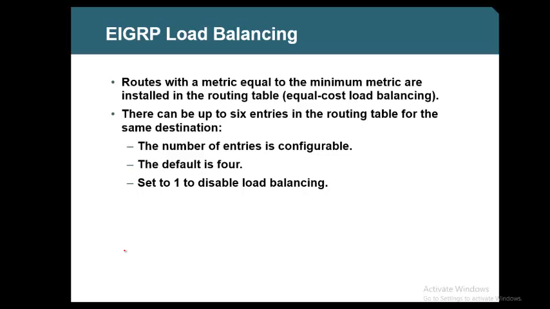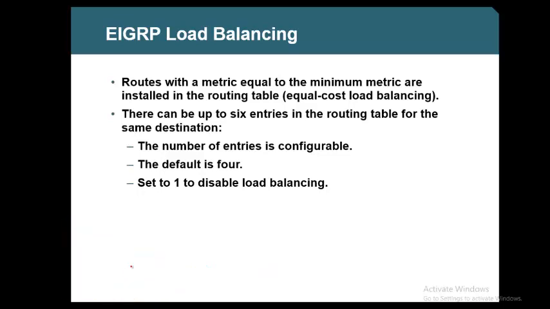Alright, what is next? EIGRP can also support unequal cost load balancing. If you say 4, then 4 unequal cost paths. If you say 16, 16; if you say 32, 32.